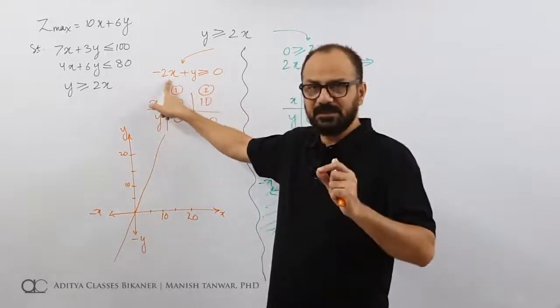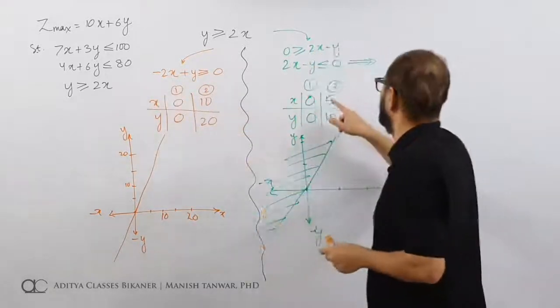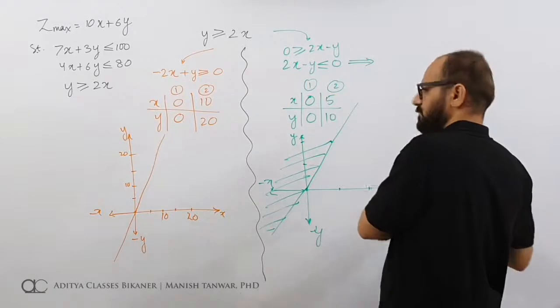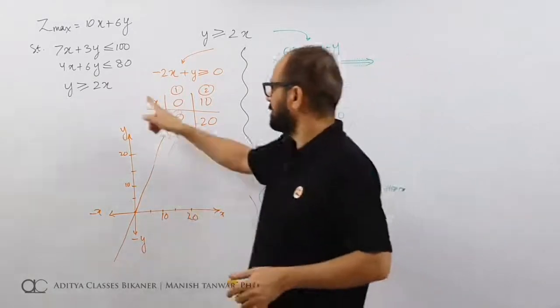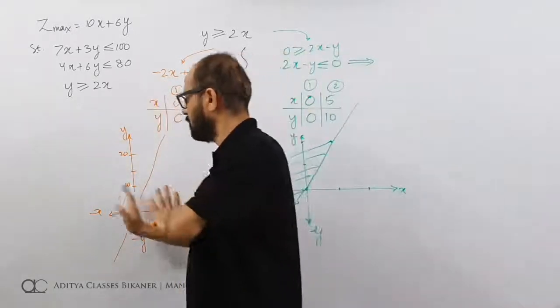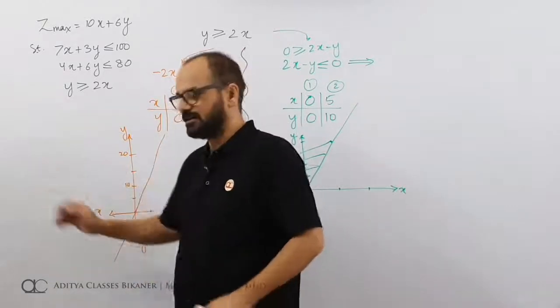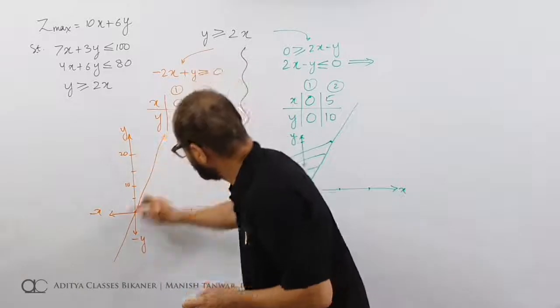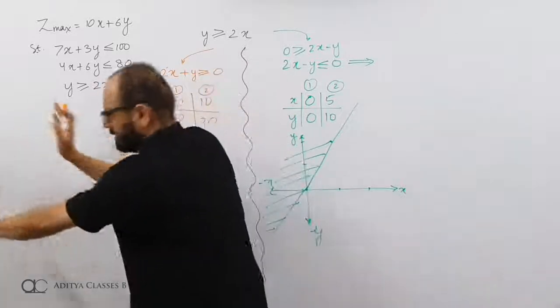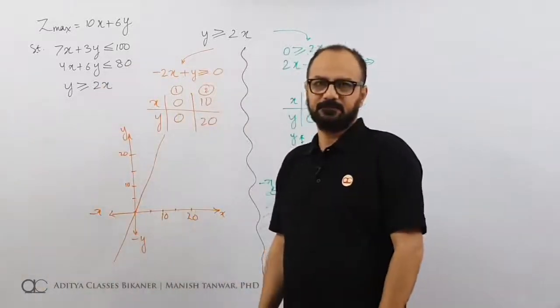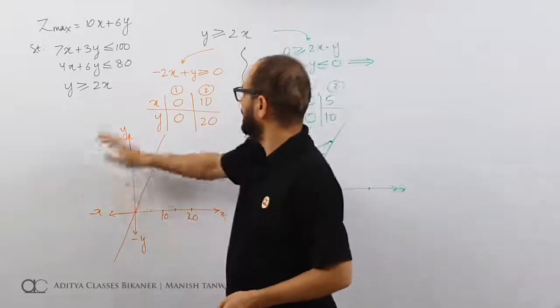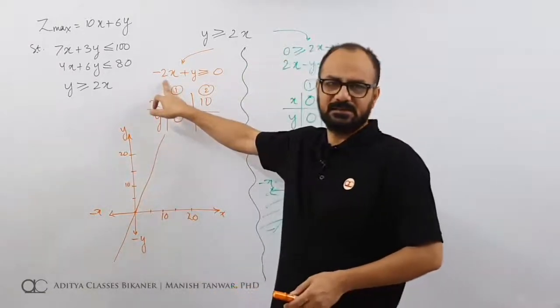Coefficient of x tells me the greater than area. It was positive, so this was greater. This time it is negative, so all this is greater because x is negative on this side of the constraint. This is my constraint and all this is negative.